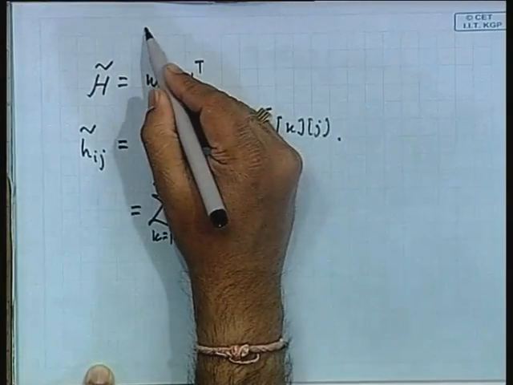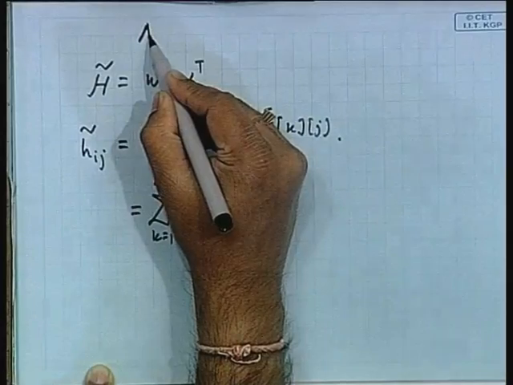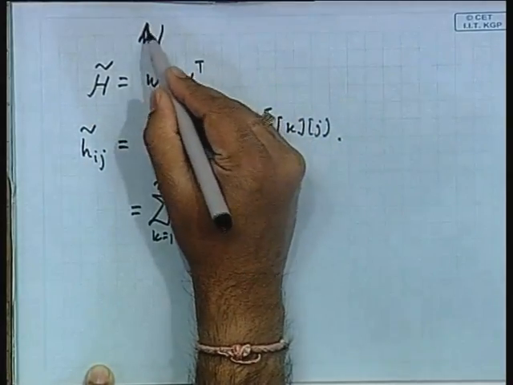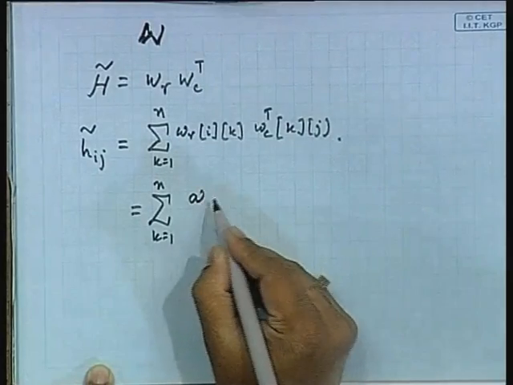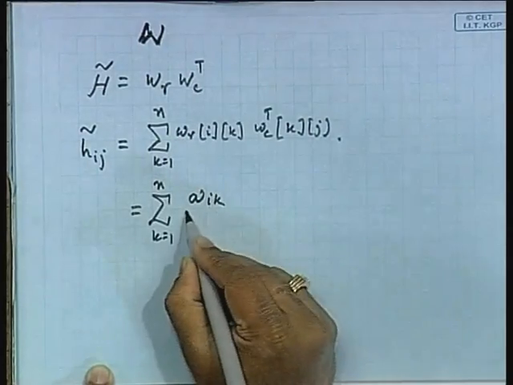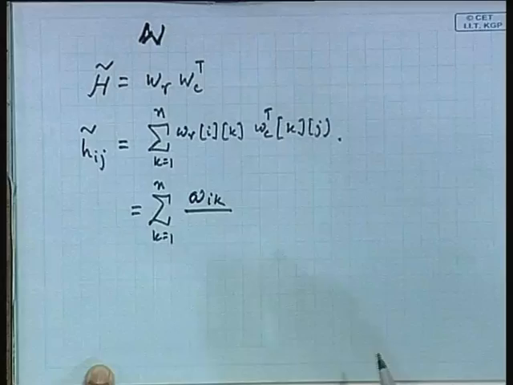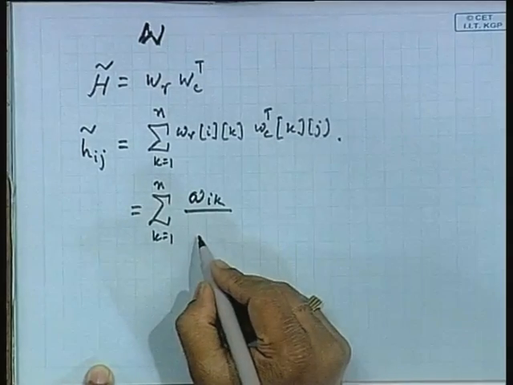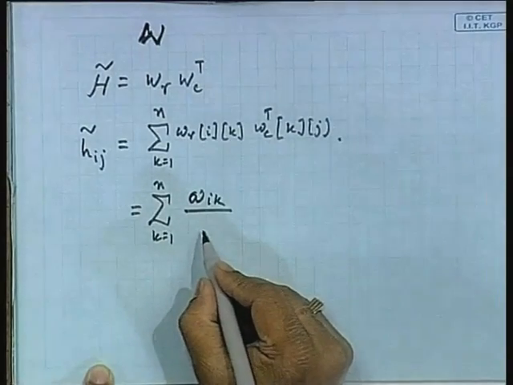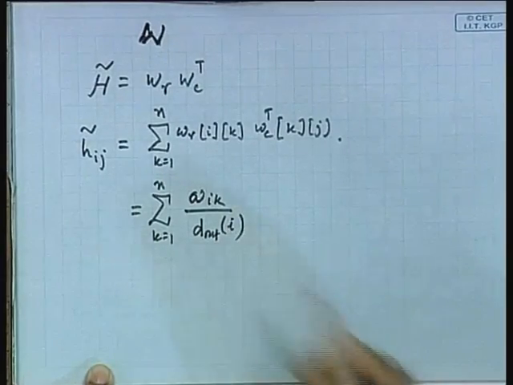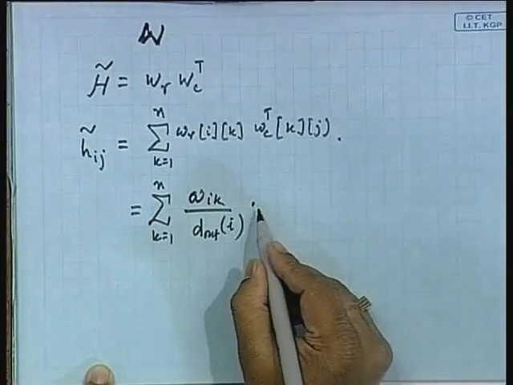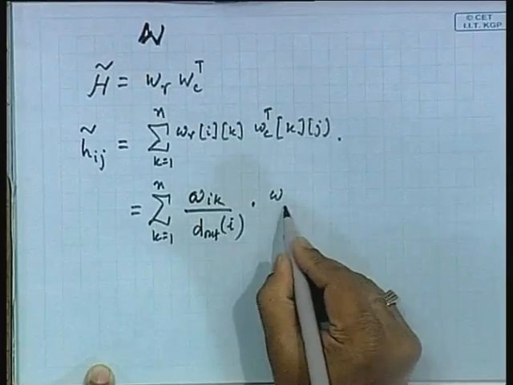Suppose A is the original, okay, A they have used for something else. So W is the original adjacency matrix of the graph. Then W_ik divided by, what is the normalizing factor? You see that? And this is what?